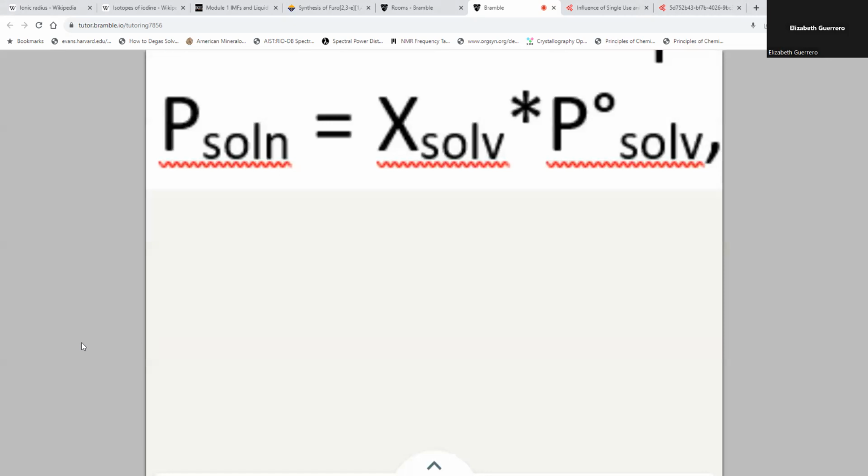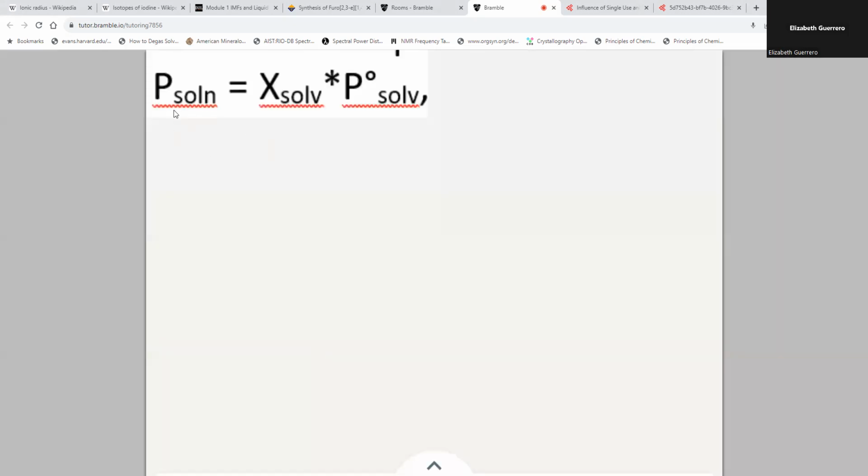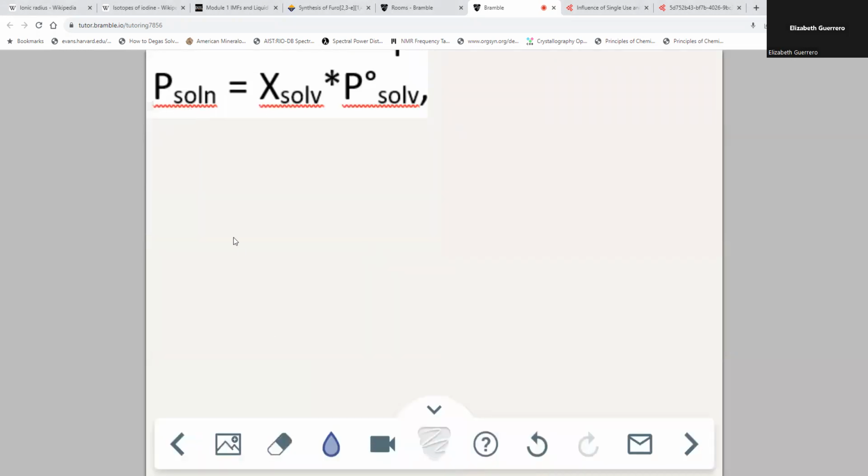So we're going to be using this equation right here. So this is the vapor pressure of our solution, the mole fraction of our solvent, and the vapor pressure of the pure solvent.